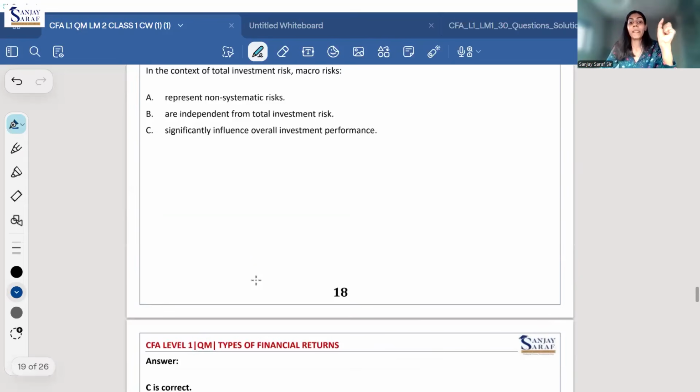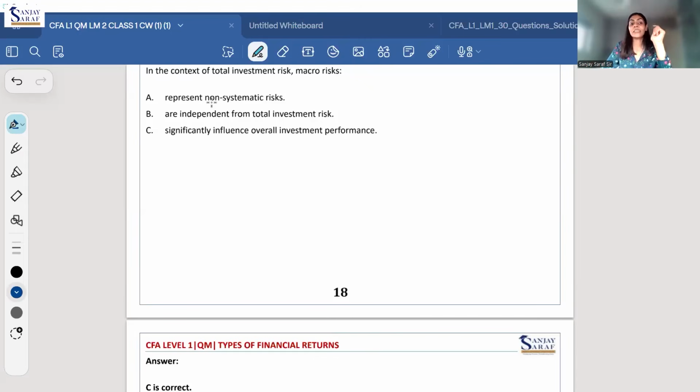क्योंकि मैक्रो रिस्क ओवरऑल इन्वेस्टमेंट को इम्पैक्ट करता है, नॉट जस्ट वन पर्टिकुलर फैक्टर. तो अगर कोई सिस्टमैटिक रिस्क हुआ या कोई मैक्रो रिस्क फैक्टर आया तो वो मेरे सारे परफॉर्मेंसेस को इक्वली इम्पैक्ट करेगा, which means ओवरऑल इन्वेस्टमेंट को वो इम्पैक्ट करेगा.